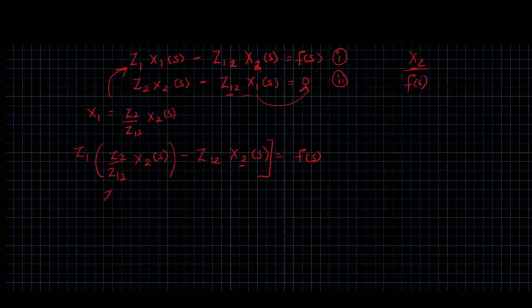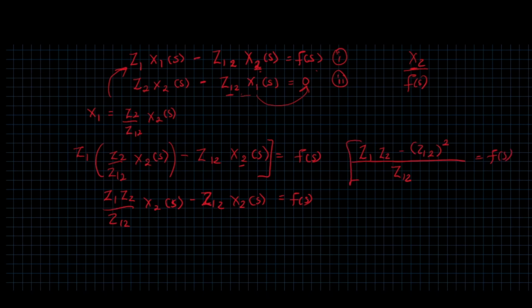Now we can multiply Z1, it becomes Z1 Z2 over Z12 X2 S minus Z12 X2 S equals F of S. We can just simplify this, put it all over Z12, Z1 Z2 minus Z12 squared equals F of S. I basically just, since both of them had X of S, I just factorized it out.